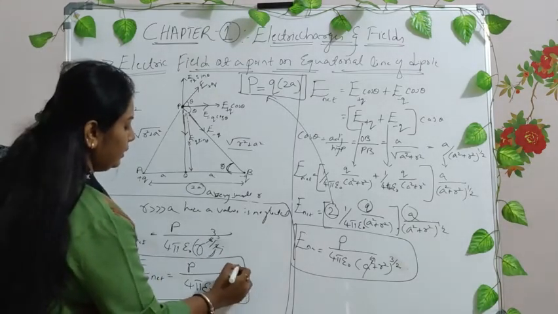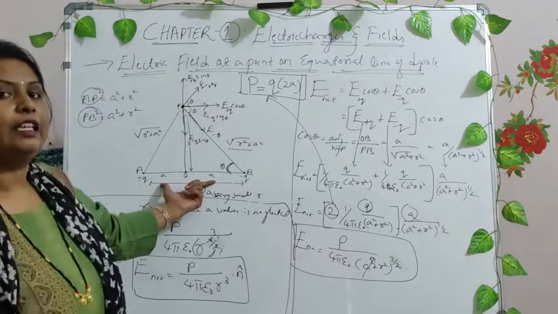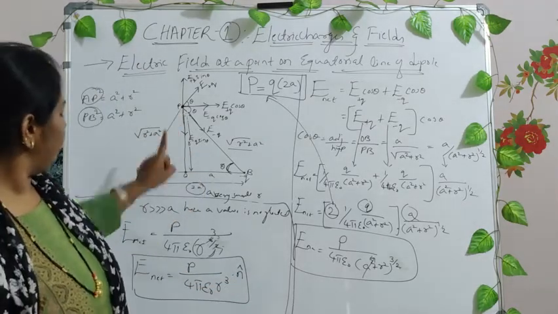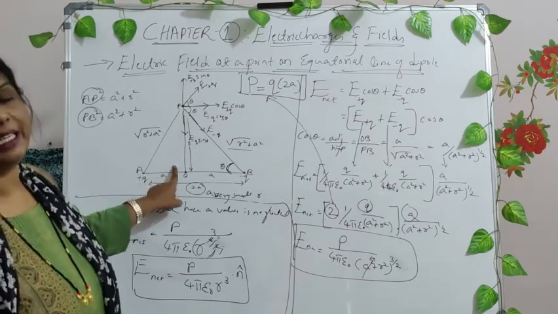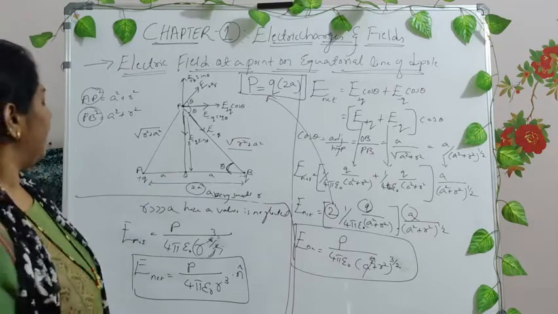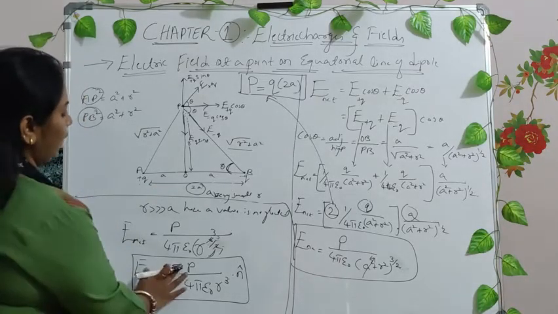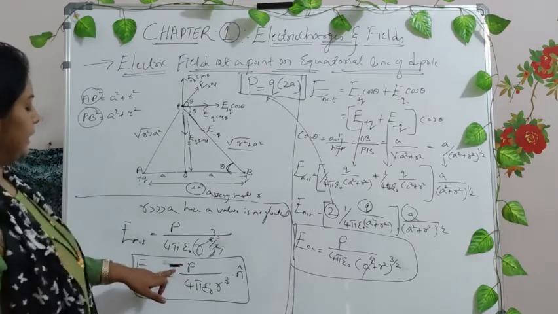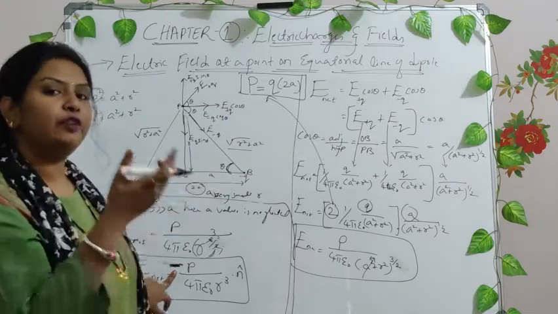Again a vector which denotes the direction. This is a directional vector. Due to the dipole, you have this particular electric field at this particular point on the equatorial line. Is this clear, right? And lastly, in this equation you put a negative sign. Why? Because the dipole moment is always directed from negative to positive.